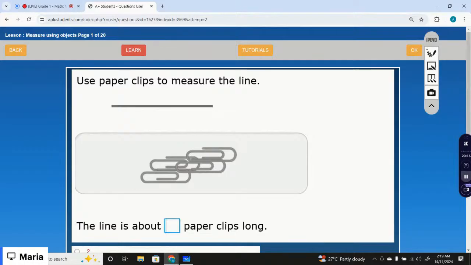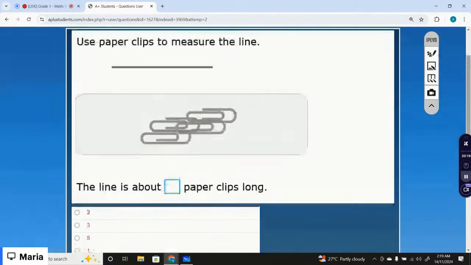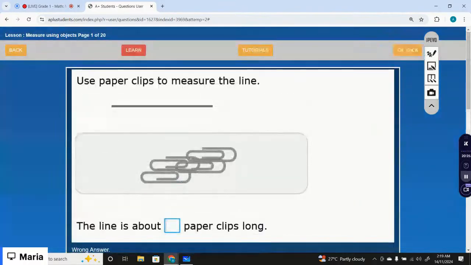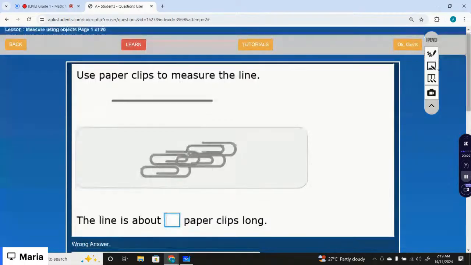So this is, I think, three paper clips long, right? The correct option is three paper clips long. Oh, wrong answer.